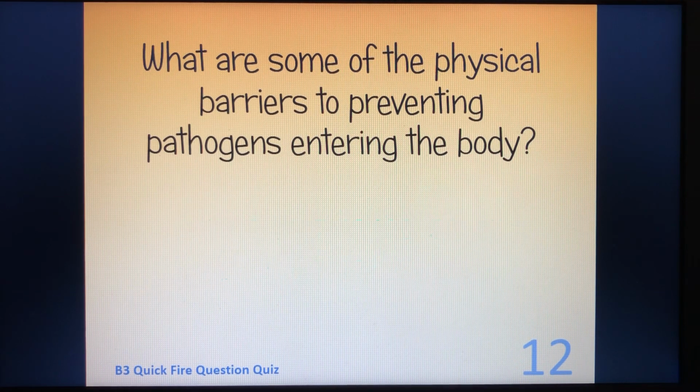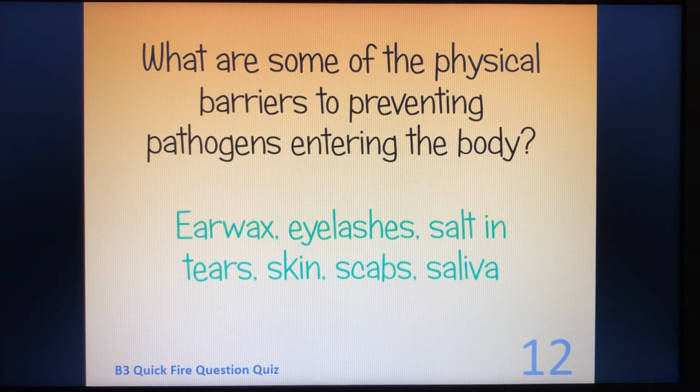Let's look at the answers. Earwax, eyelashes, salt in the tears makes it antiseptic, changes the pH so it's not as easy for the pathogens to live there. Skin, scabs, saliva, these are just a few. There's lots and lots of possible answers that you've got for preventing the pathogens entering the body.